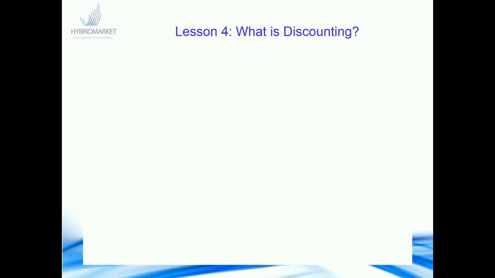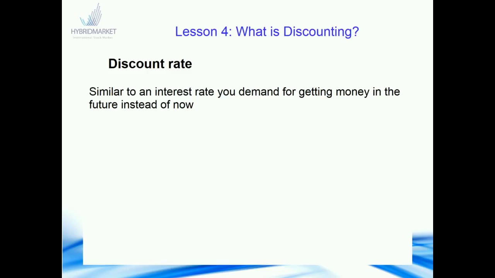This concept can be applied in more exact ways using a discount rate. A discount rate is a kind of interest rate which you demand on money promised in the future because of the very fact that it is only a promise in the future and not an actual payment today.